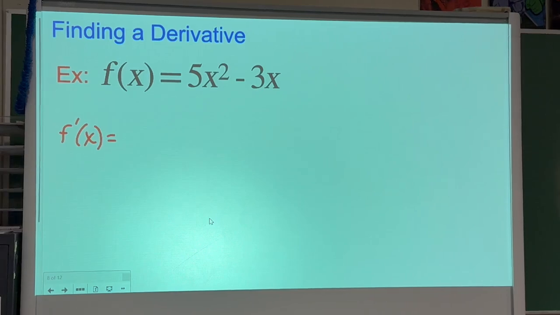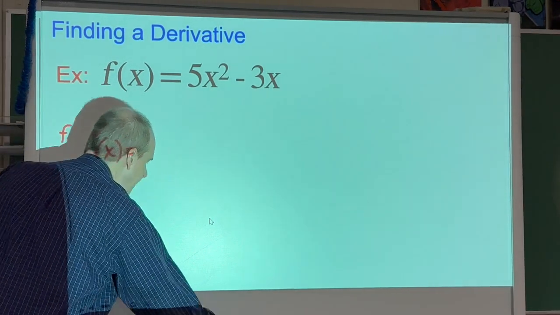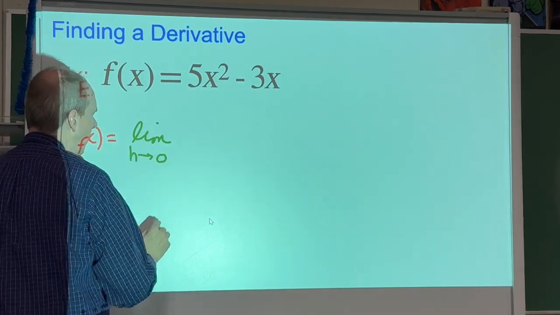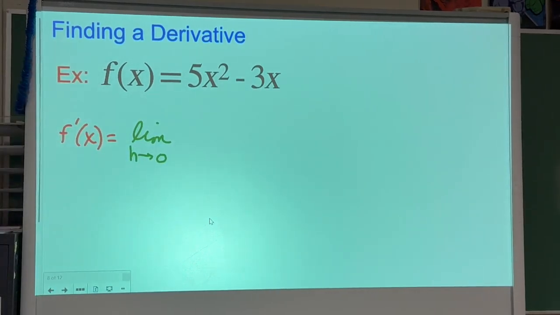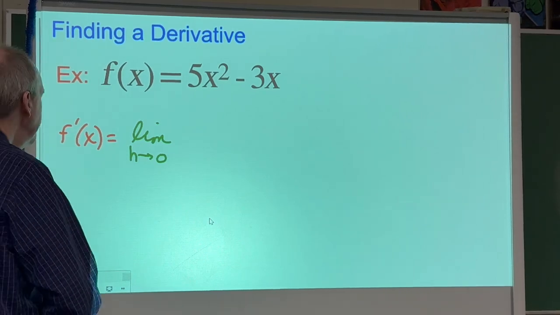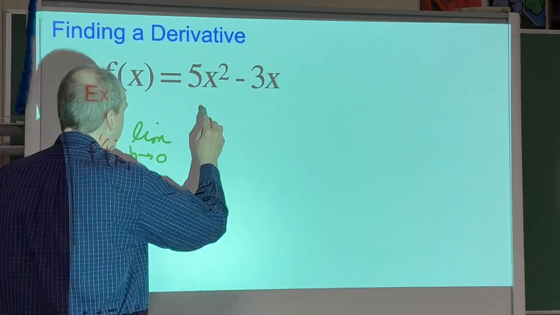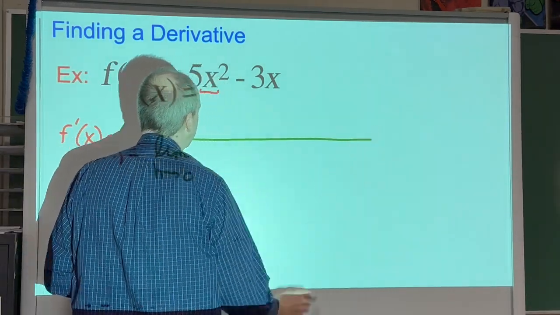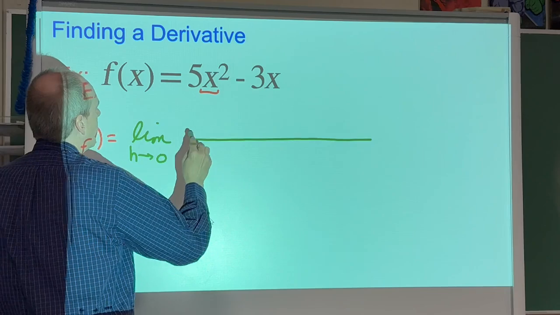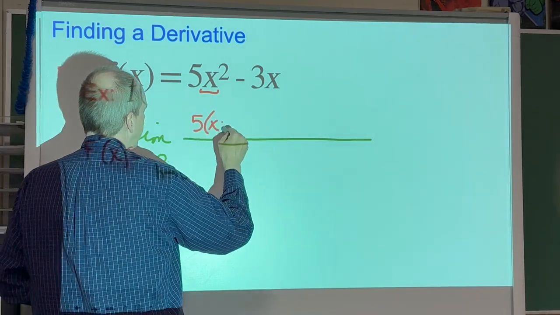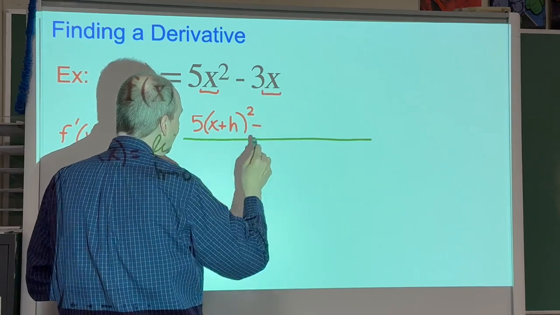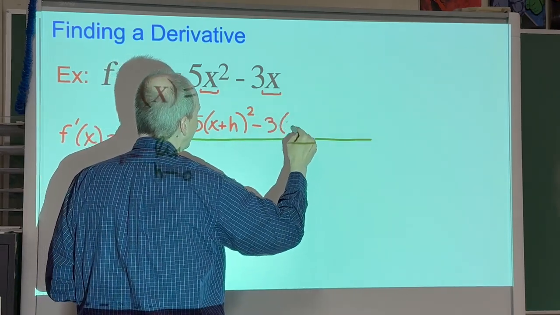Well, the limit as h approaches 0 of our difference quotient, f of x plus h. X plus h is going to go right here. Five times x plus h squared minus, oh, it gets to go here too! So exciting!